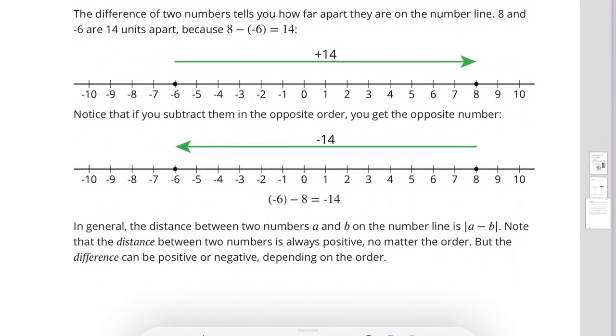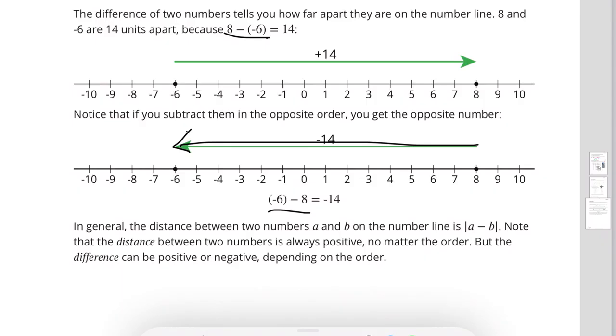Distance, as we've discussed before, is always going to be a positive number. So negative 6 and positive 8 are 14 units apart, but based on the order that they are in the subtraction problem, that will tell me whether or not my value will be positive or negative. It depends on which one's my starting number. If I start at positive 8 and travel to negative 6, then I'm moving to the left, which would mean negative 14.